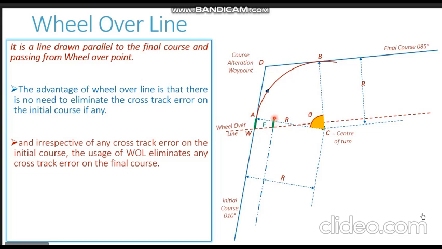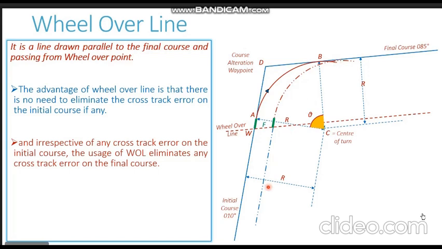The vessel moves this much reaction distance ahead. It will take this much time and distance to respond to the helm. After this, the vessel responds to the helm and starts to move on the curved path, and you will see the vessel will eventually reach the final course with zero cross track error.